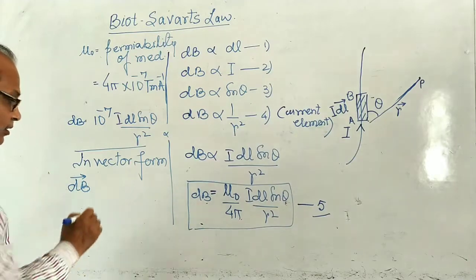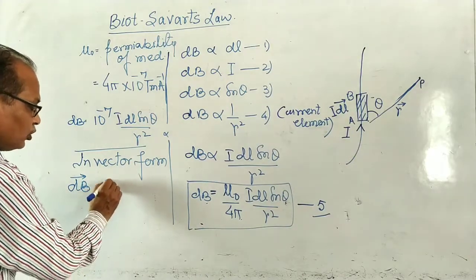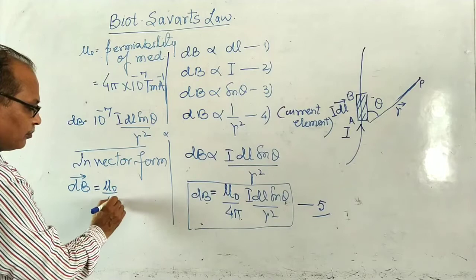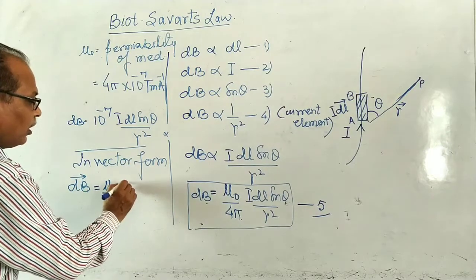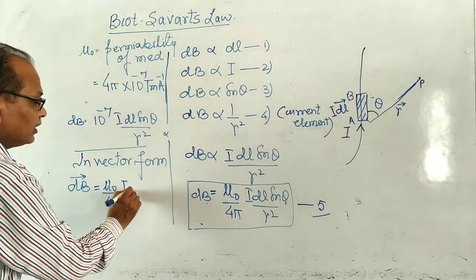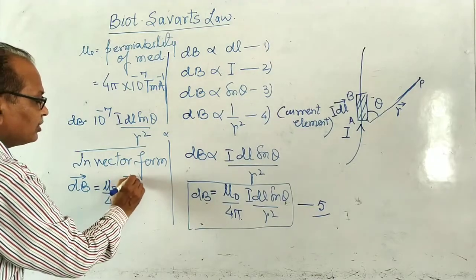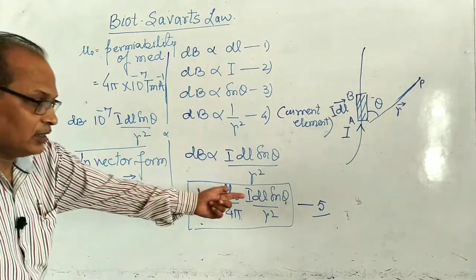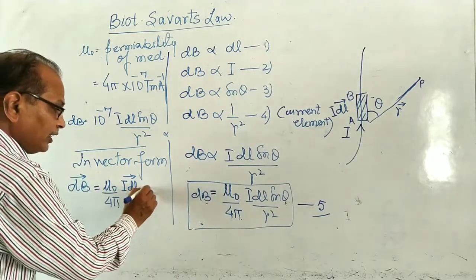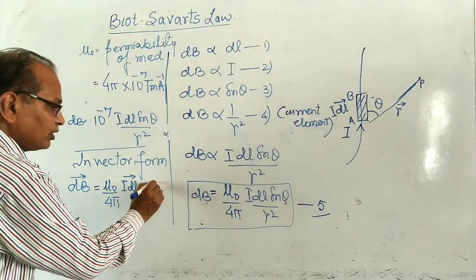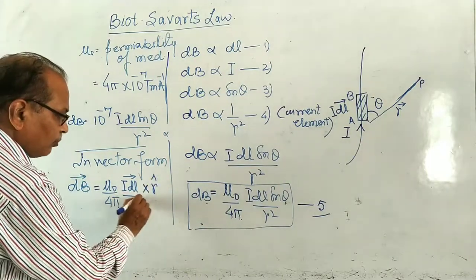So, dB vector will be mu naught upon 4 pi, I dl is a current element, complete is a current element, and cross multiplication with the unit vector, upon r square.